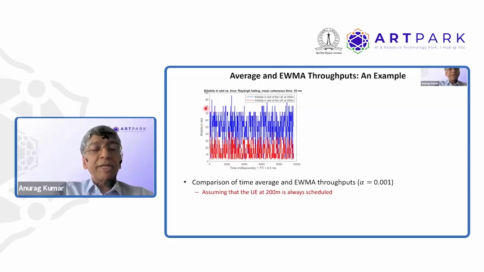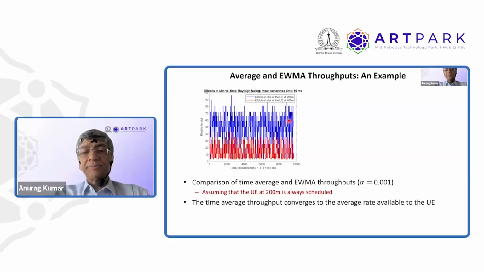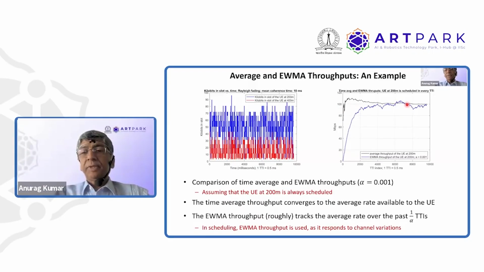So 80 here means 160 Mbps, 90 means 180 Mbps, 70 means 140 Mbps. If you average the lows and the highs over all time, you get 100 Mbps. That's what this is showing. 100 Mbps is the average throughput the UE will get if you only schedule the blue UE.